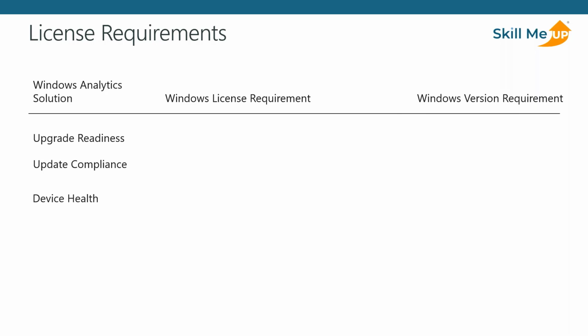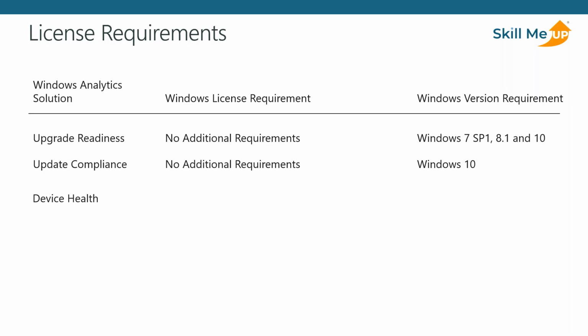Within Log Analytics, Windows Analytics is zero rated. So this means it's excluded from the data limits and costs, regardless of the Azure Log Analytics pricing tier that you have chosen. So for example, upgrade readiness, there's no additional requirements except the Windows version is a minimum of Windows 7 Service Pack 1.